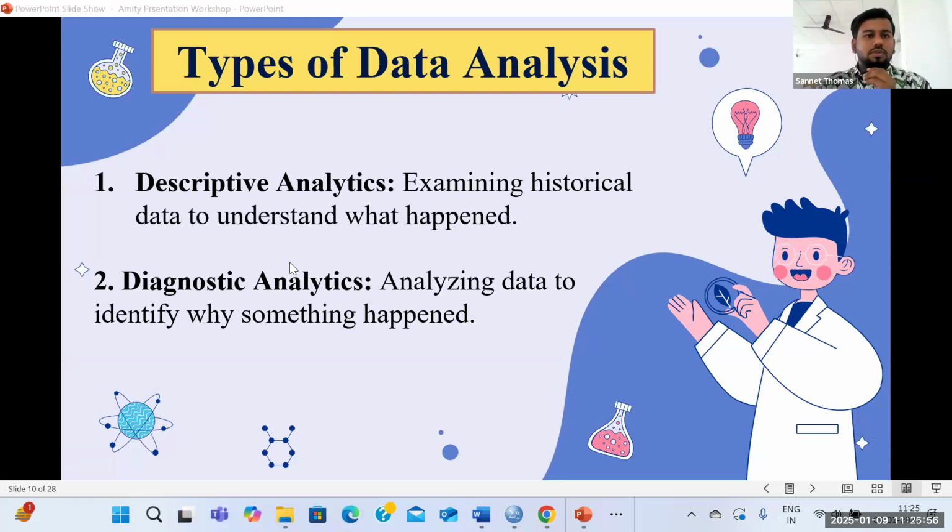All these things we can analyze, and these come under the descriptive analysis. Then the second one is diagnostic analysis. Diagnostic analysis means analyzing the data to identify why something happened. So here we will try to find out the causal factors behind a particular problem.